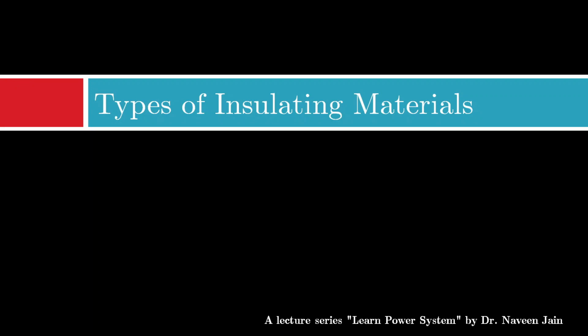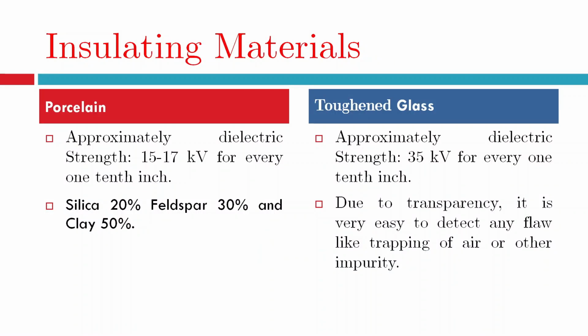Types of insulating material. Popularly, two types of insulating materials are used. First is porcelain, second is toughened glass. In comparison of their dielectric strength, toughened glass is found suitable, as the dielectric strength of toughened glass is 35 kilovolt for every 1/10 inch, whereas porcelain is 15 to 70 kilovolt for the same width of insulating material.